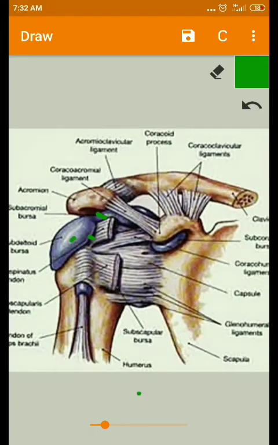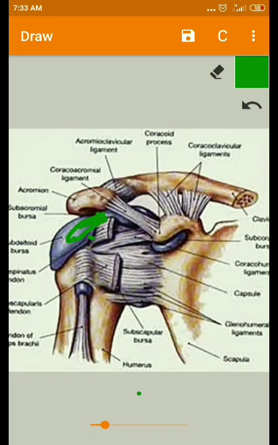Commonly, though these two appear to be separate, these two bursae are communicating with each other.